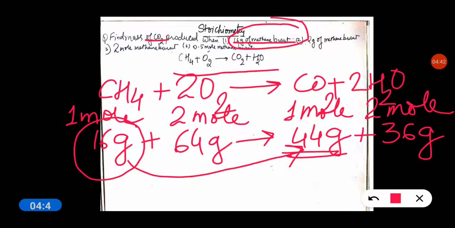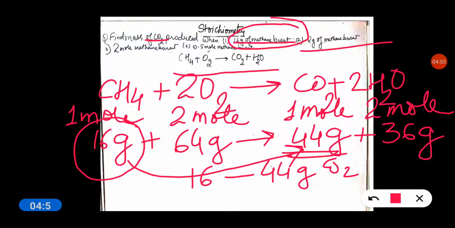Now, in the second part, when 2 gram of methane is burned. From here only you can get the relation. If 16 gram gives 44 gram of CO2, then 2 gram will give how much? So, 44 upon 16 multiplied by 2.